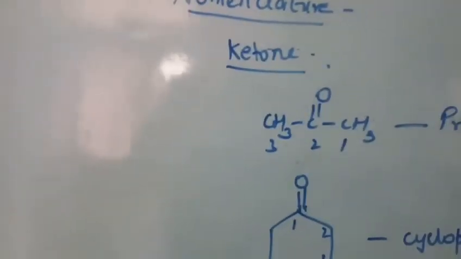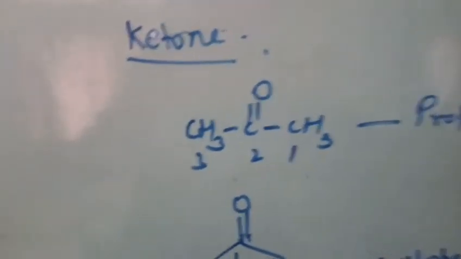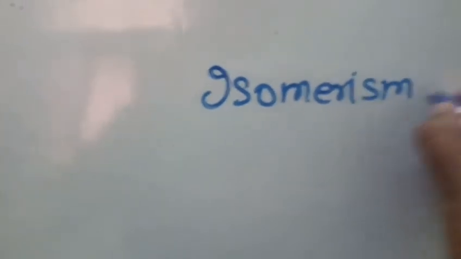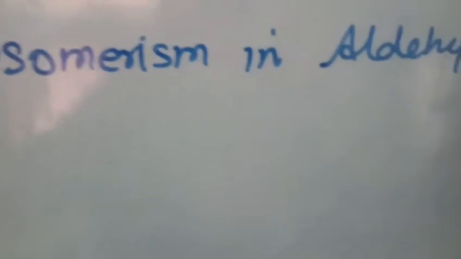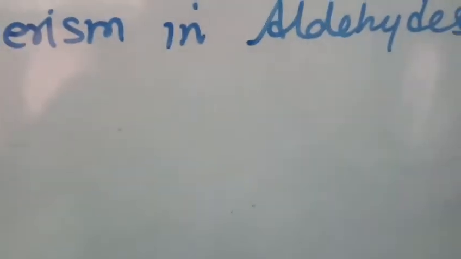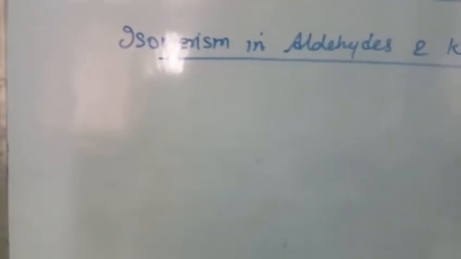Now we will study the isomerism part, isomerism of aldehydes and ketones. In aldehydes and ketones, we have structural isomerism present, and it shows chain isomerism, position isomerism, and functional isomerism.